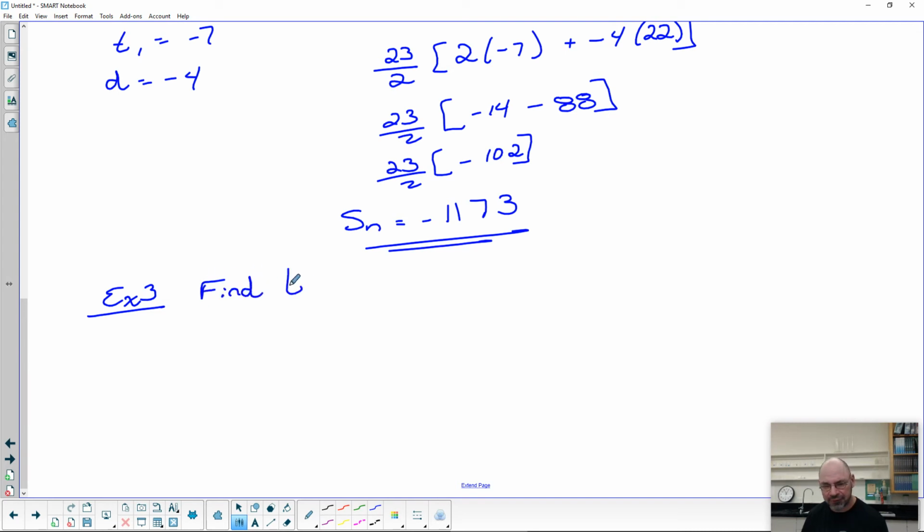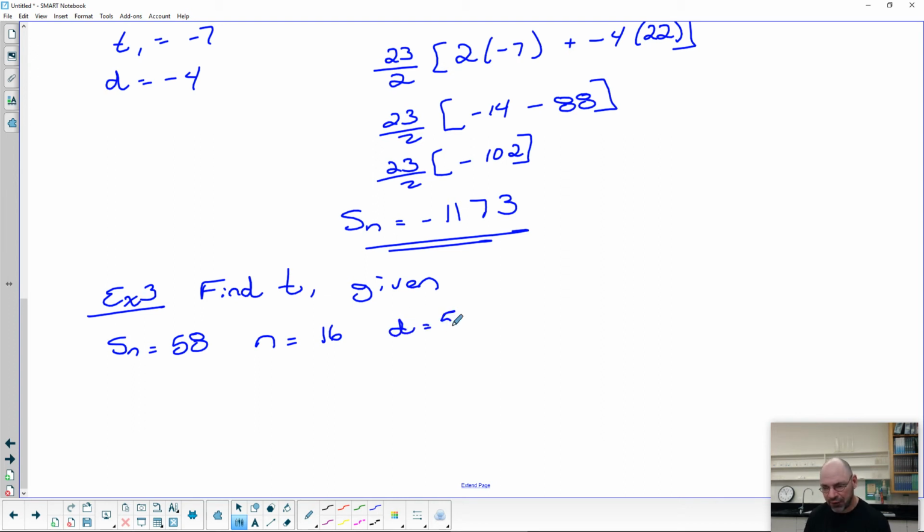Find t1, given Sn equals 58. The number of terms, there's 16 terms, and the common difference is 5.